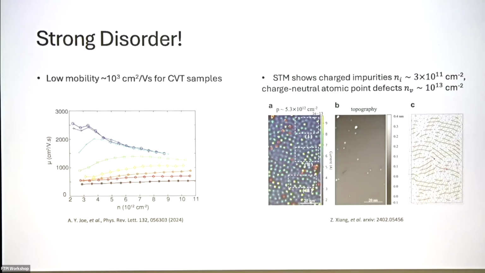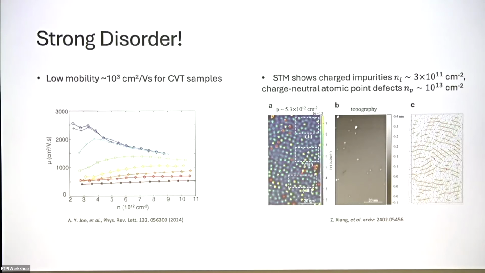Another piece of evidence that this system is strongly disordered is from the STM image I just showed you from Berkeley's result. As you can see from those red dots here, you can estimate the density just from this image. You count how many red dots there are and divide by the area. And the answer for the impurity concentration here is 3 times 10 to the 11.